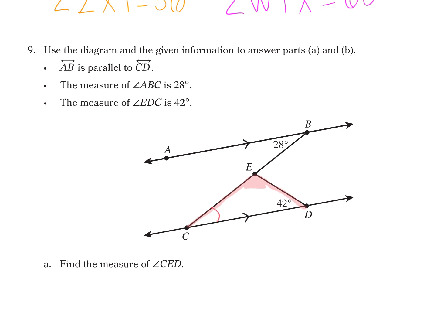This one right here is 28 because they're alternate interior, right? They're inside of those parallel lines on opposite sides. So we've got two pieces. We just got to find that third missing piece. Subtract them from 180. Good. So what's 180 minus 70?